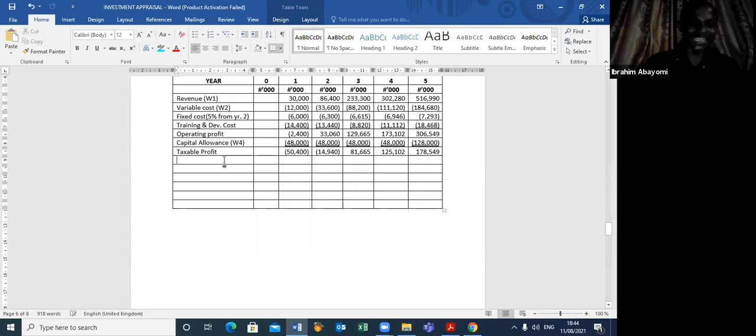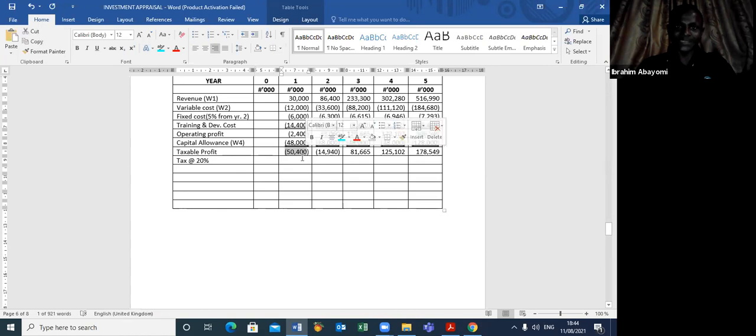Now, I will charge my tax. Tax is at 20%. Now, you cannot pay tax on a loss. This is a loss of 50,400. You cannot pay tax on it. So you put a dash. You can't pay tax there. Let me centralize it.